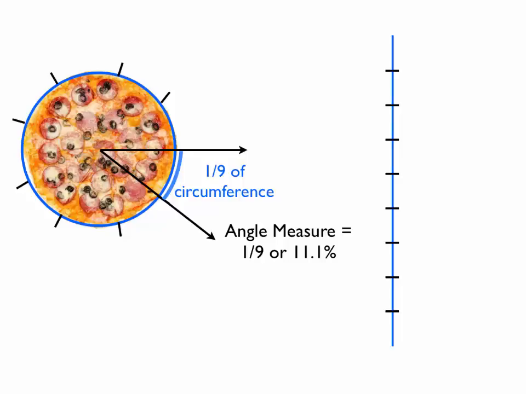This is going to be our basis for measuring angles: looking at a fraction of the circumference, or a percentage of the way around, corresponding to an amount of openness. Make sense?